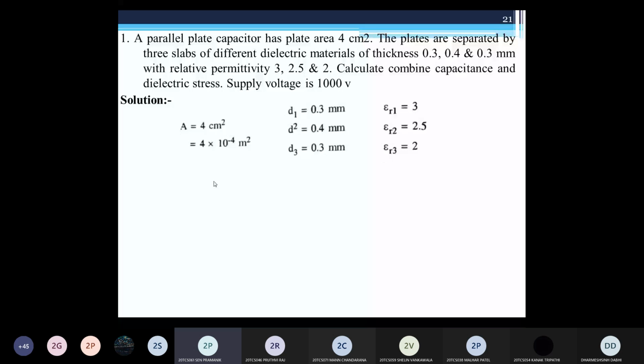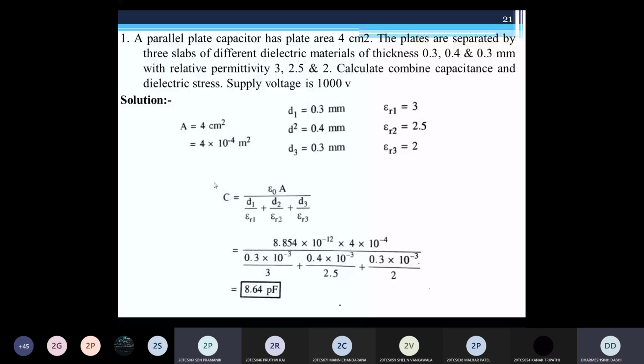Yes, please. So what is the answer we can take? The value of epsilon naught is equal to 8.8 into 10 raised to power minus 12.